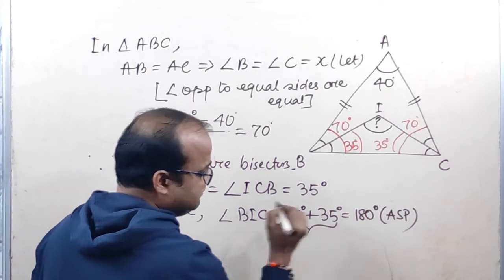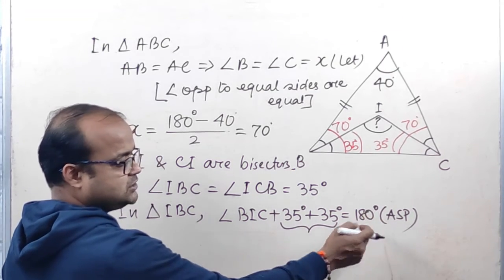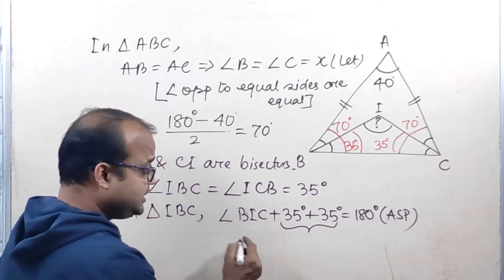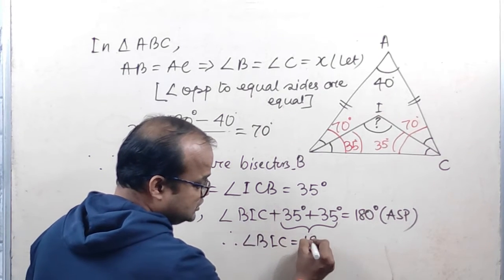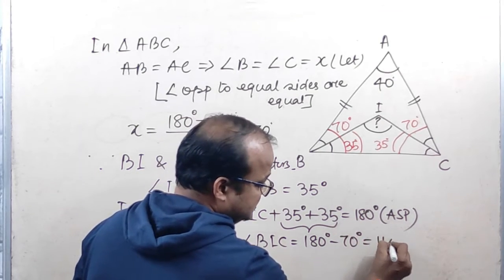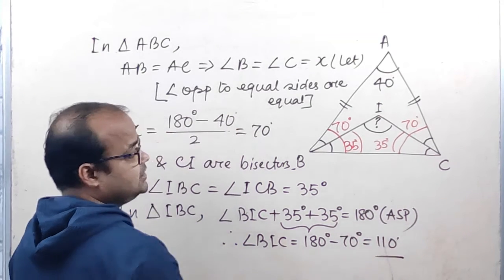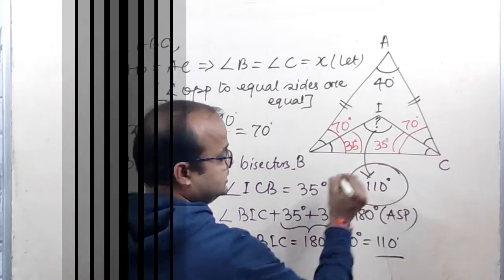Now 35 plus 35 is 70. If you shift the 70 to the other side, you will get minus 70. Therefore angle BIC equals 180 degree minus 70 degree, that is 110 degree. So this angle is equal to 110 degree.